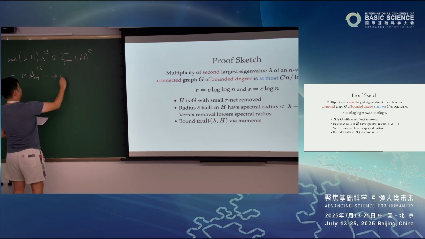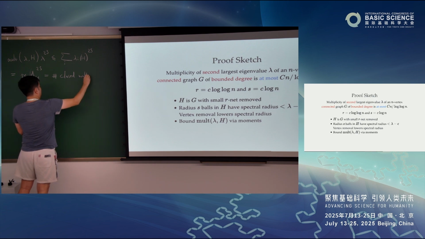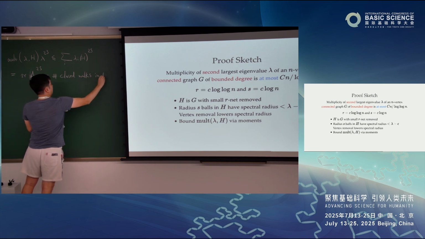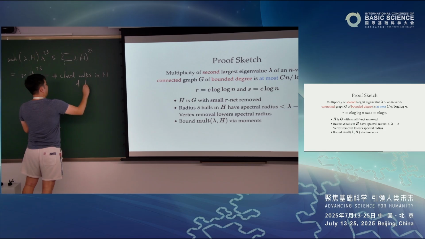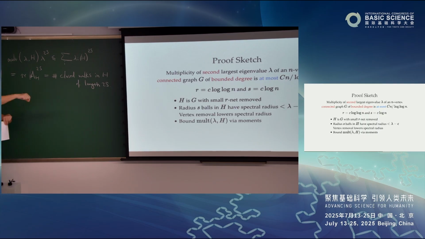It counts the number of closed walks in H of length 2s. You start from a vertex, walk for 2s steps and come back. The total number of such closed walks is precisely the meaning of the trace.